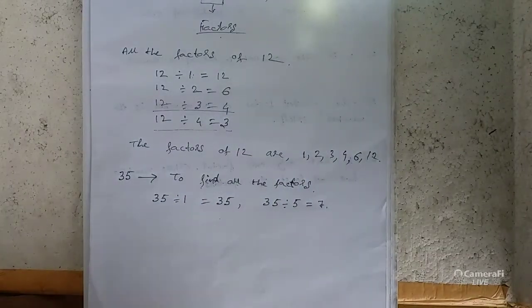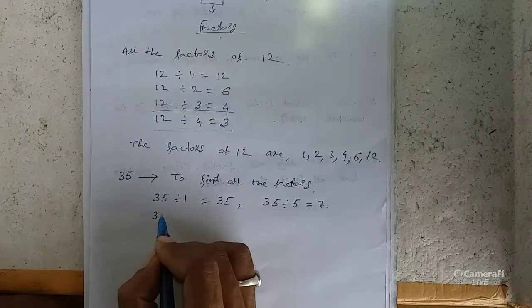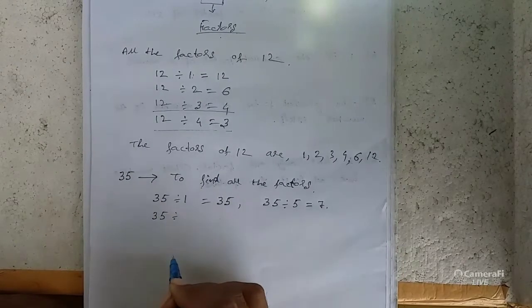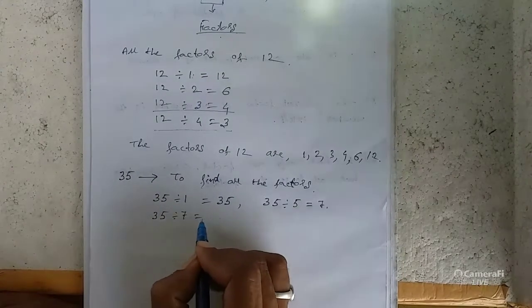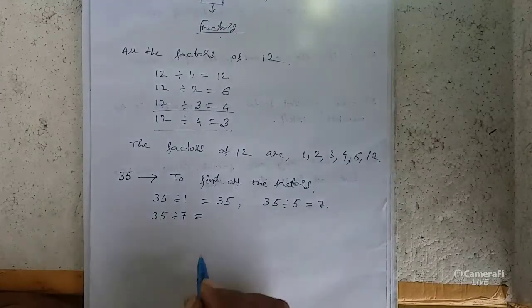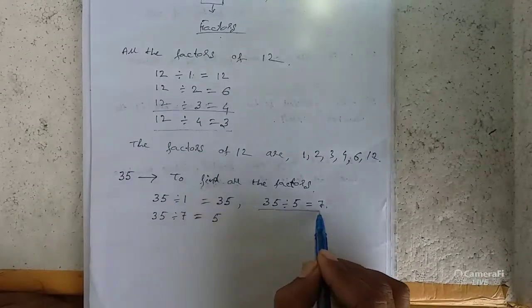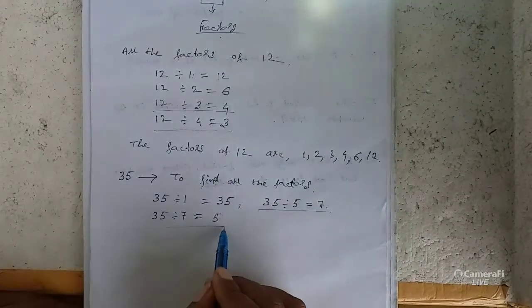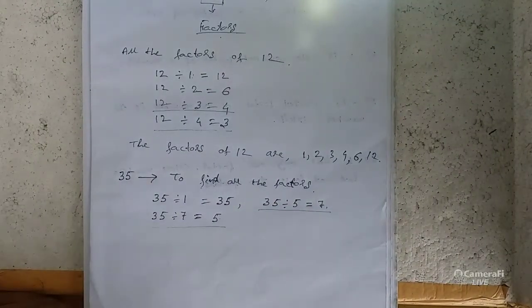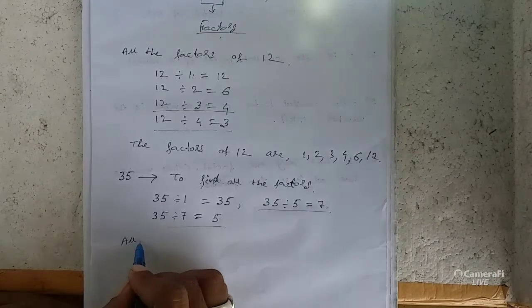Also 35, next number 6 cannot divide 35, but 7 can divide. If we divide it by 7 we get the result 5. So when we divide it by 5 we get 7. If we divide it by 7 we get 5. So we have to stop here. Now write all the factors.